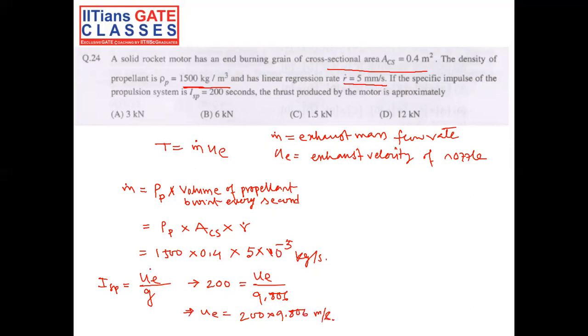So if we substitute this and this in the equation of thrust, we will get T equal to 1500 multiplied by 0.4 multiplied by 5 into 10 to the power minus 3 multiplied by 200 multiplied by 9.806 Newton.